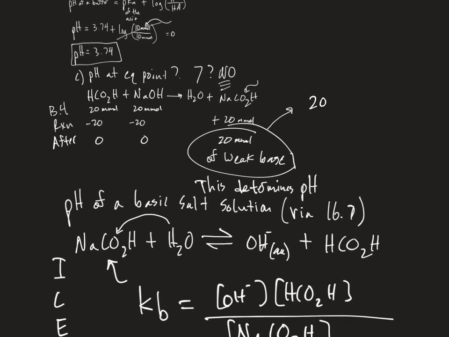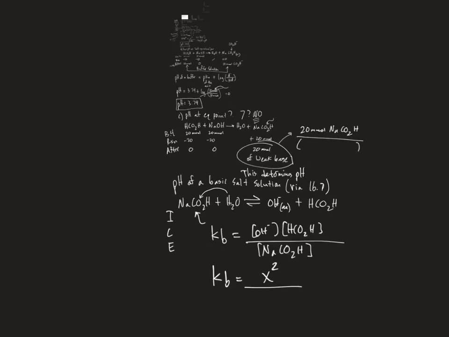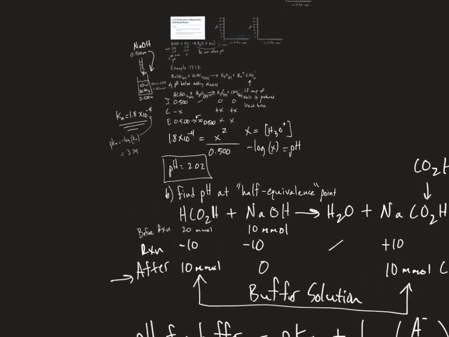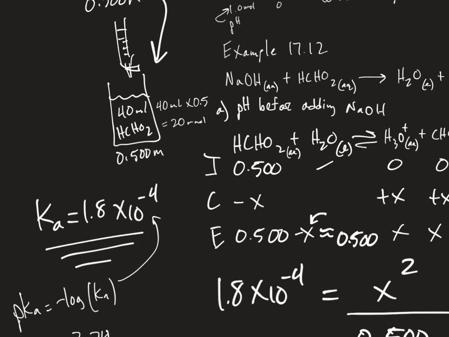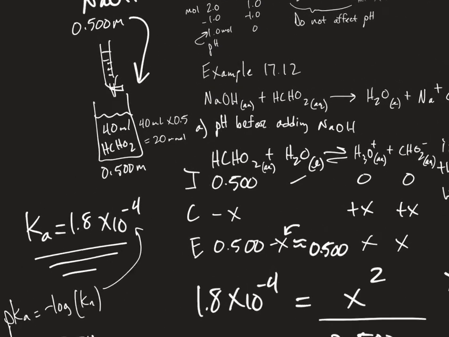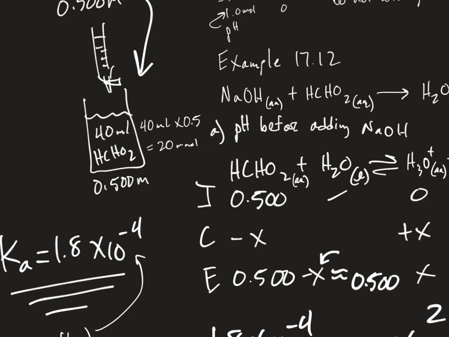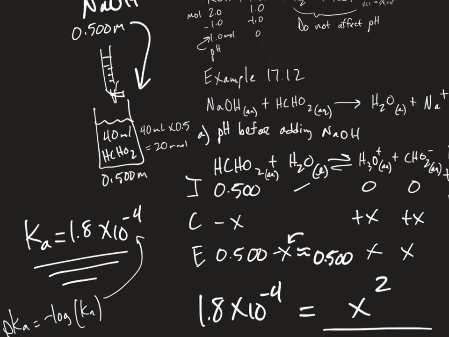It's 20 millimoles that was produced, divided by the total volume. So what's our total volume of our solution? Let's think back to the problem. We had 40 milliliters of our HCHO2.